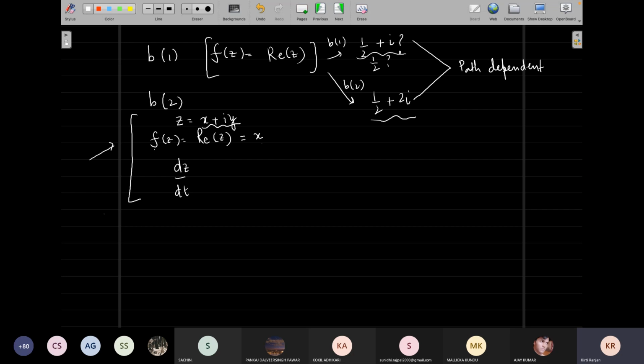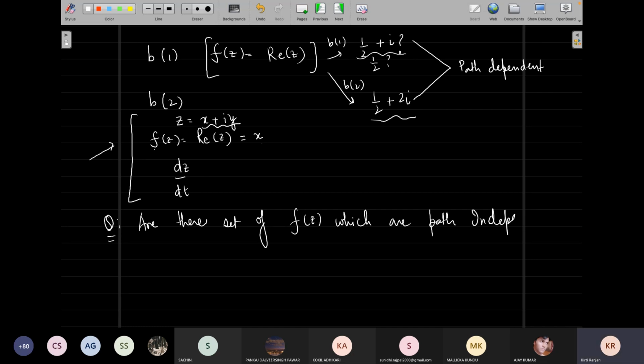So the big question is: are there a set of complex functions which are path independent?